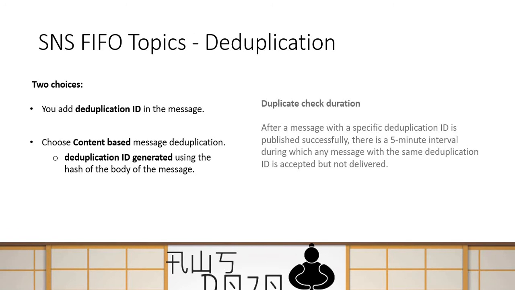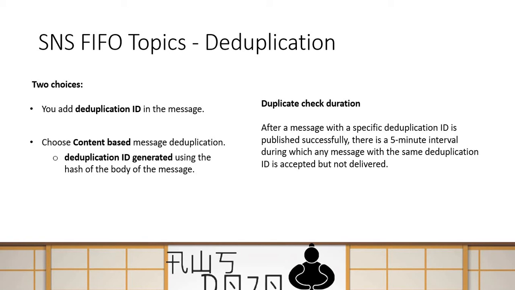Now, deduplication works based on a duration. If one message is published and within a 5 minute interval another message is published with the same deduplication ID, whether you provided it or it is based on content, then that message is considered a duplicate and is not delivered for processing.